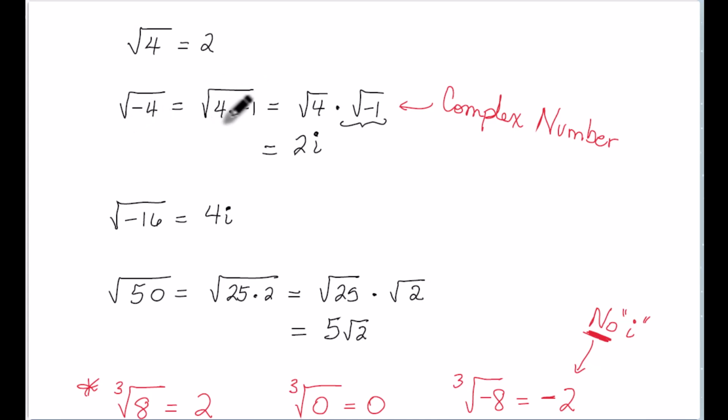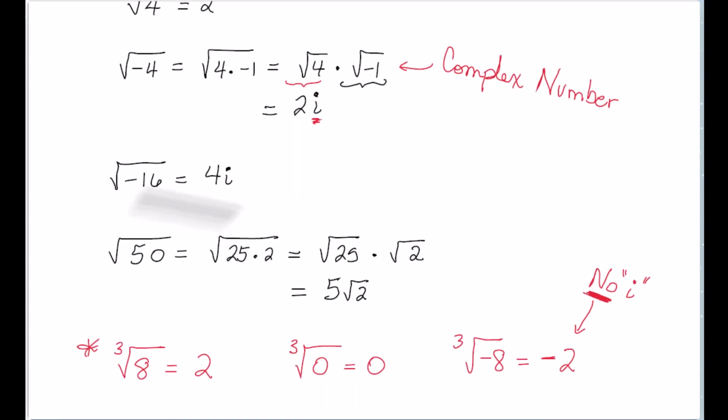Well, I can split off the -1, split the radical. This square root of 4 is 2. And then we agree to call this thing, this square root of -1, it's not a real number. It's a complex number, and we call it i. So if I had the square root of -16, that would be 4i.